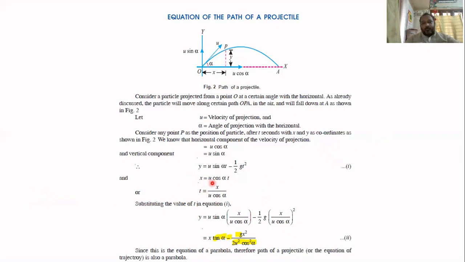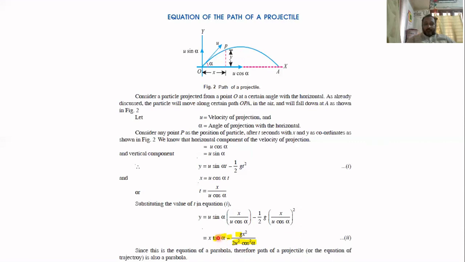Then x is equal to u cos alpha into t, as u cos alpha is constant, the uniform velocity. And from this equation, time t is equal to x by u cos alpha. Put the value of t in this equation, and we get the equation of the trajectory path as y is equal to x tan alpha minus g x square by 2u square cos square alpha.